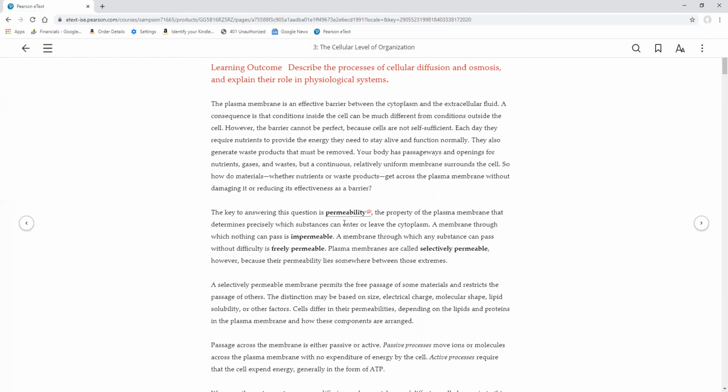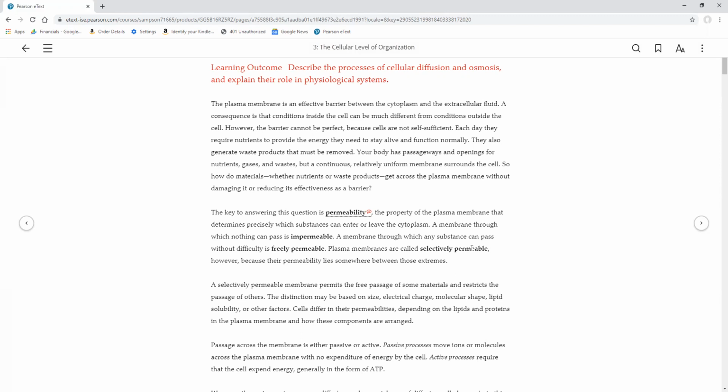They can either come directly through the cell membrane, or they have to go through a protein channel, which we talked about before when we talked about the plasma membrane. If they're coming directly in, they're freely permeable if they can just come right into the cell. And if they can't get in the cell, then it's impermeable. But our plasma membranes are called selectively permeable.